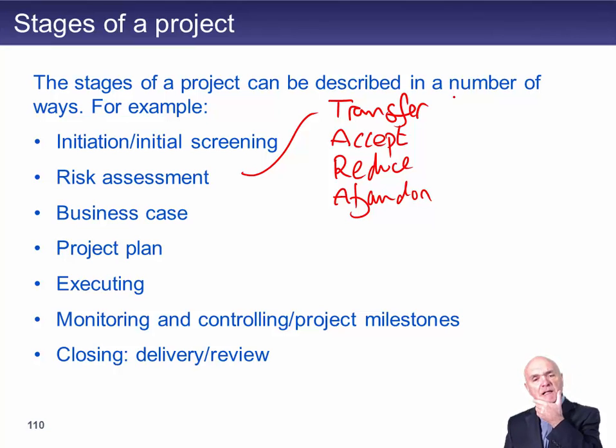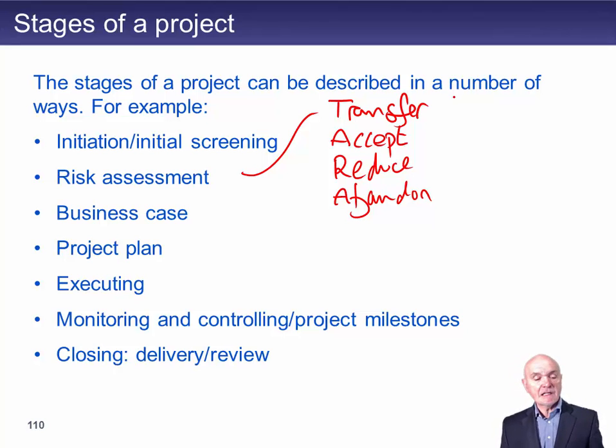I could do it myself, but I think actually that's a bit risky. What I'll do is I'll get a subcontractor to do it for me, and then if it doesn't work, I'm not going to pay the subcontractor. So it's a way of, I suppose it comes in with reducing, it's a way of kind of treating the risk in some way. So TARA, transfer, accept, reduce or abandon, is what you can do when you do your risk assessment.